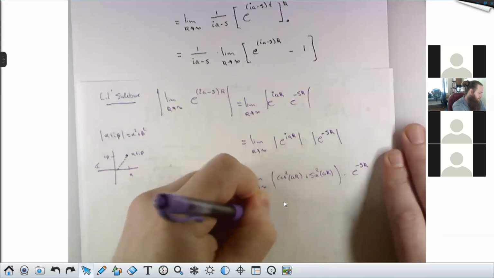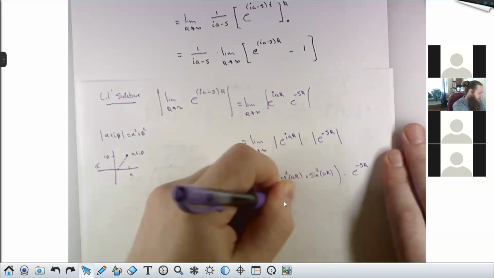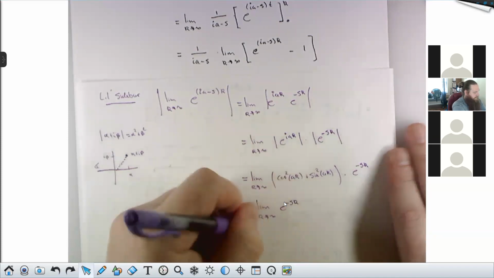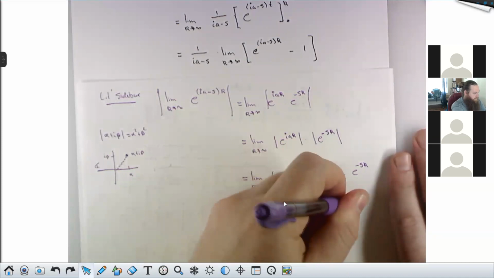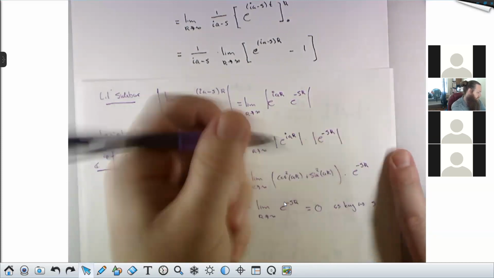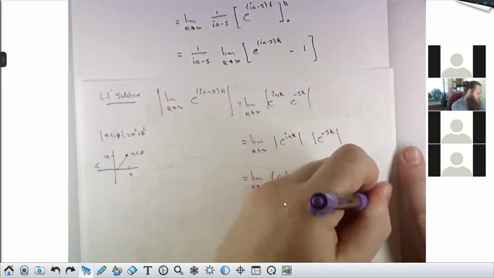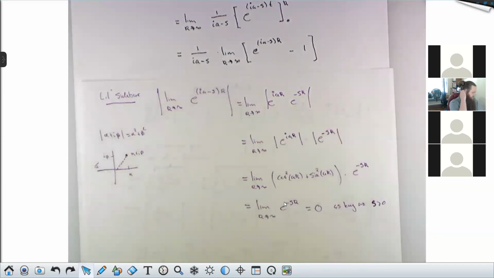So this is the limit as r goes to infinity of e to the negative sr. And this we know is 0 as long as s is positive. So those are the limit details for this guy.